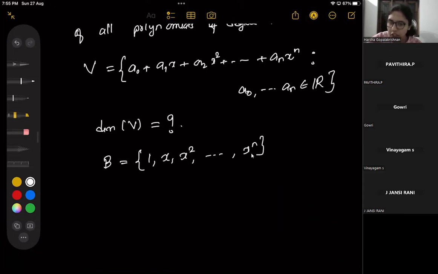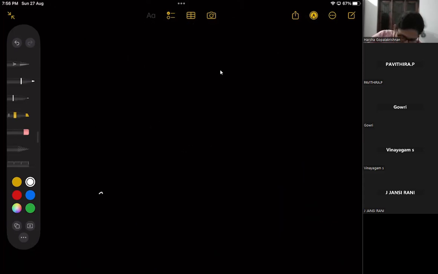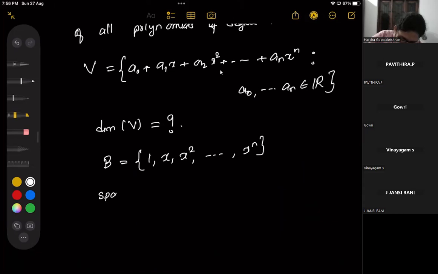So the span of this is actually the set of all polynomials. So what we can say is span equal to V. Now this is not enough. To prove this is a basis, we need to say it is linearly independent also.